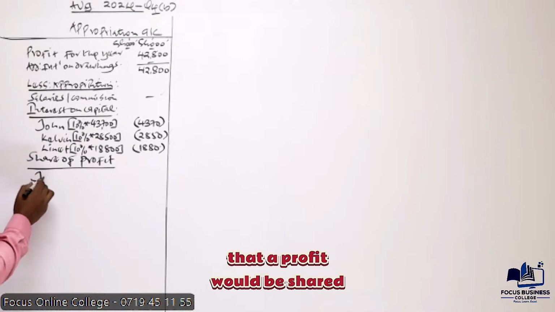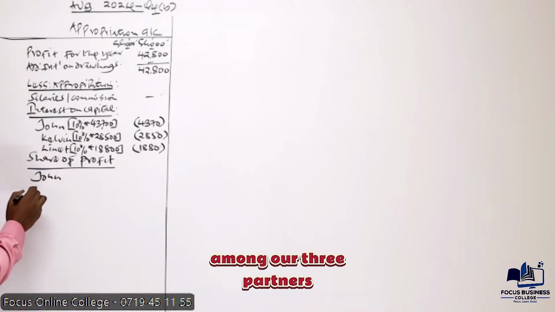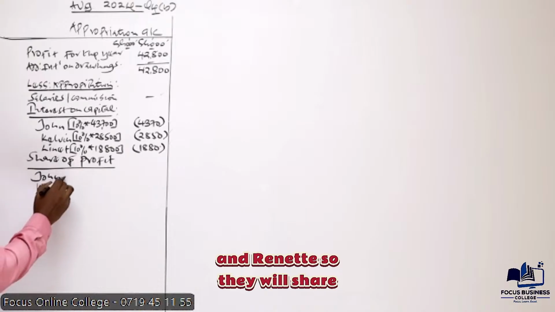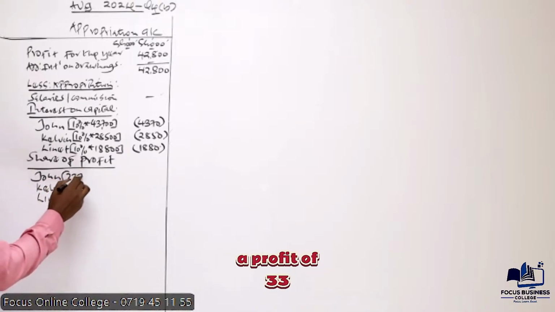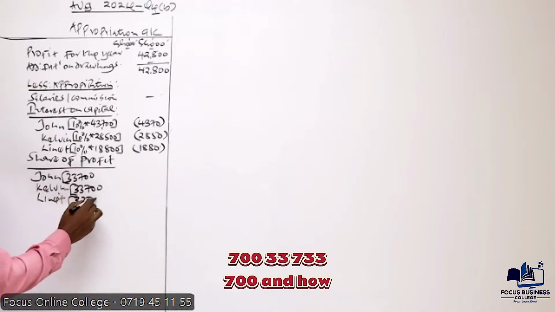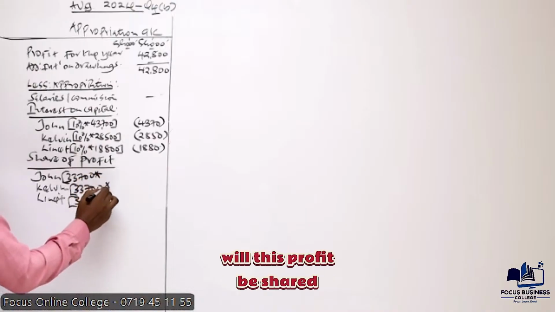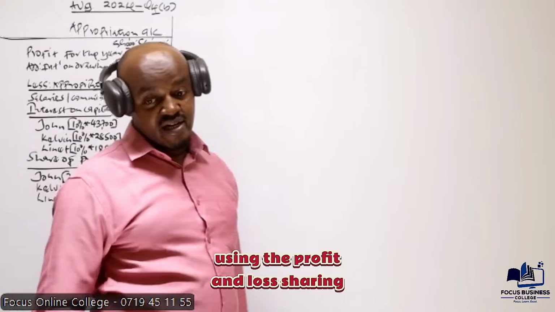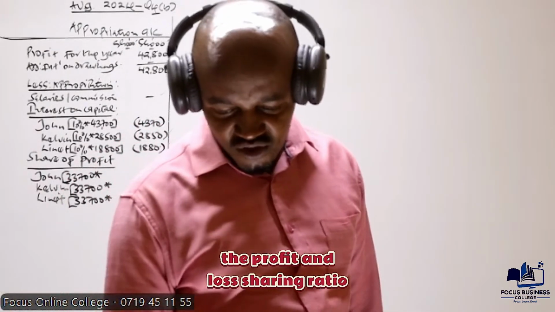Now that profit will be shared among our three partners, John, Kelvin, and Renette. They will share a profit of 33,700. How will this profit be shared? It will be shared using the profit and loss sharing ratio, which we have in the first paragraph of our question.